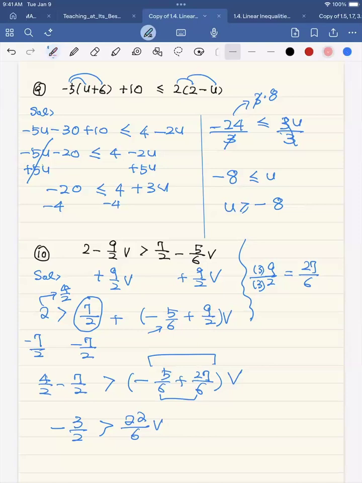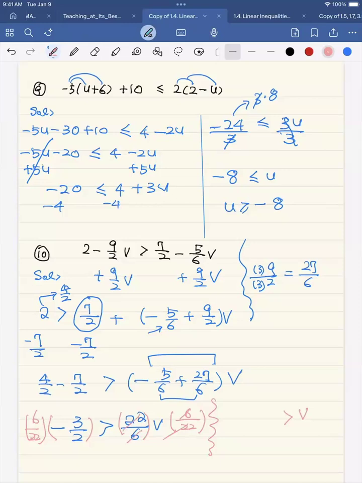And then we have to multiply by the reciprocal of the number in front of v on both sides. So on the left side, we have v. And on the right side, we have v.